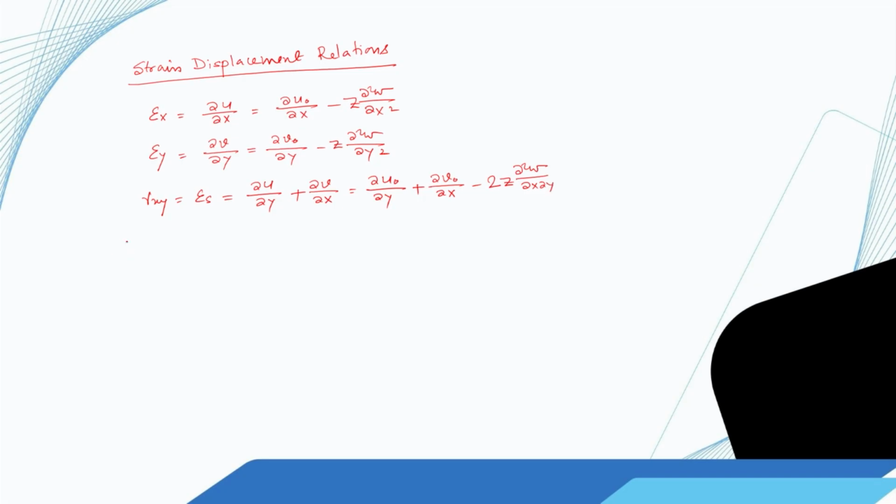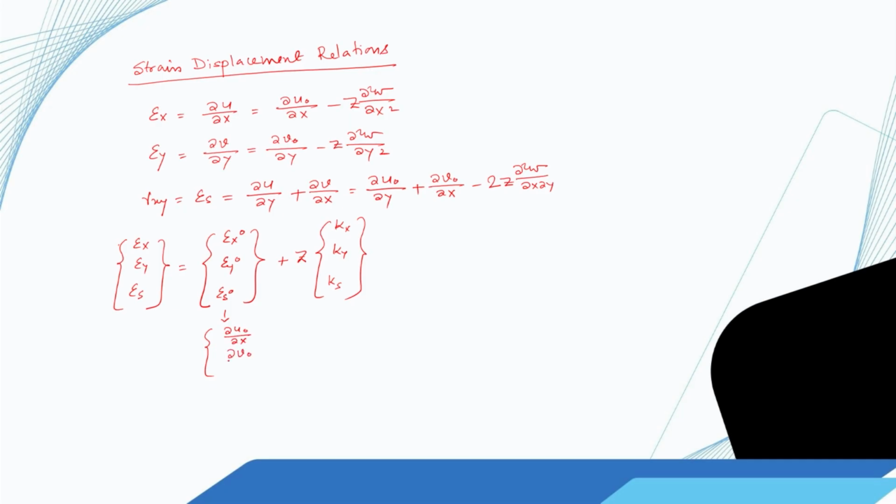Now, all this we write in a more simplified form as a vector epsilon x, epsilon y, epsilon s equals epsilon x 0, epsilon y 0, epsilon s 0 plus z into another vector. The first vector contains del u 0 by del x, del v 0 by del y, and del u 0 by del y plus del v 0 by del x, and this vector contains the negative of the curvature terms.